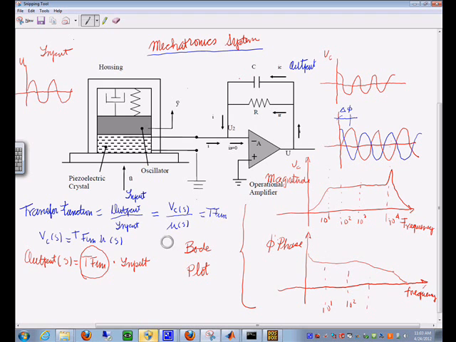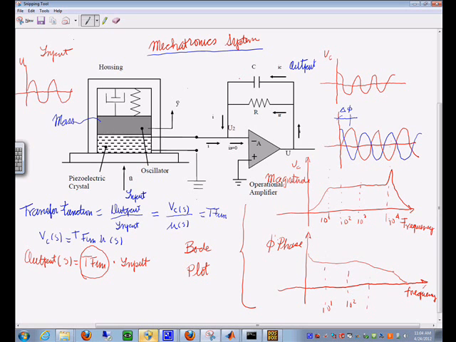We can look at it this way. You have a mechanical input in here, which is the acceleration, and this is a mass in here. If you have an input in here and you have this piezoelectric material, if you get an input from the housing, the mass is going to try to stay in place and compress this material.